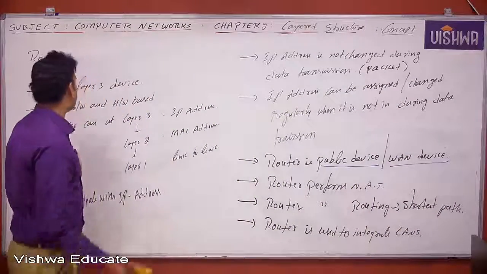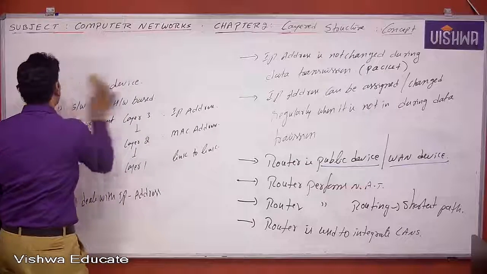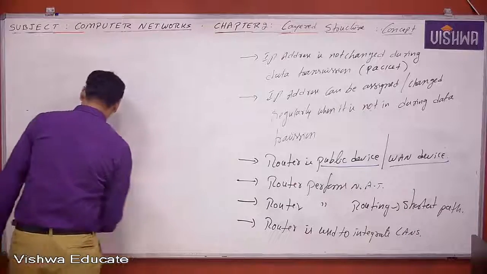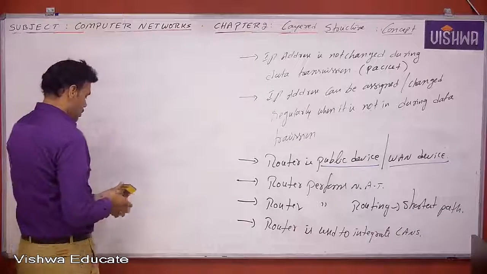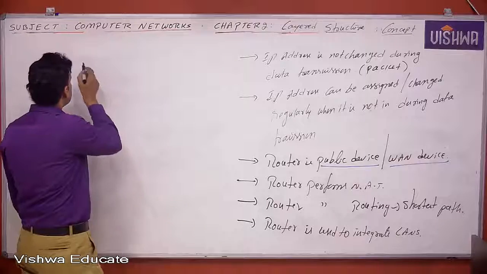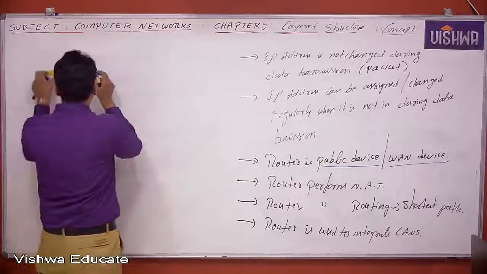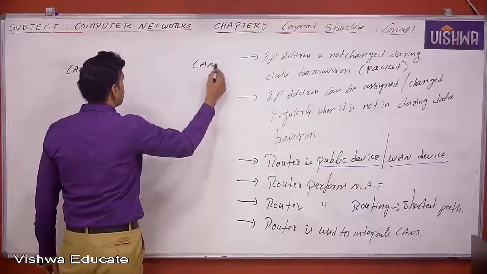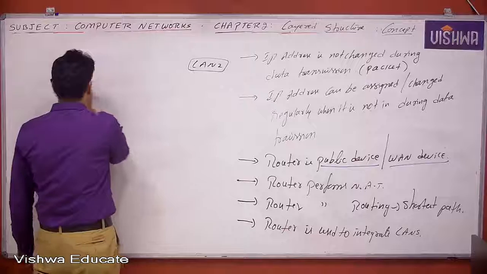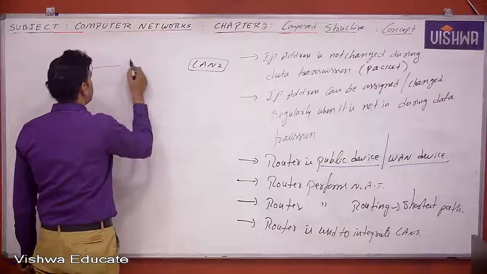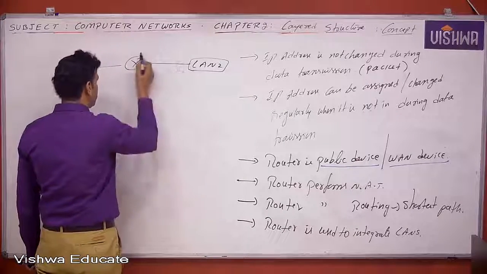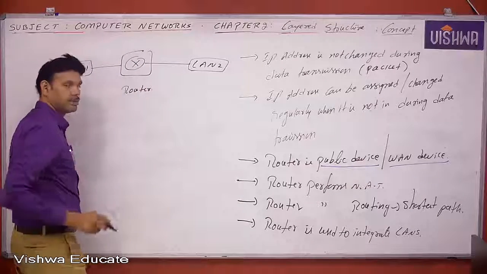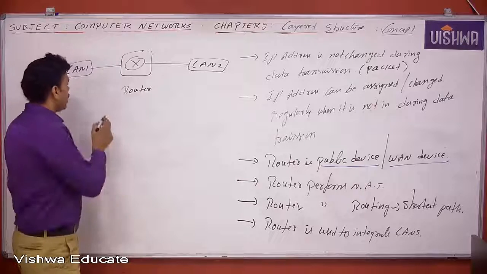Well friends, now let us see a diagrammatic representation of a router. Last session we understood that there is one LAN and another LAN trying to communicate with the help of a router.